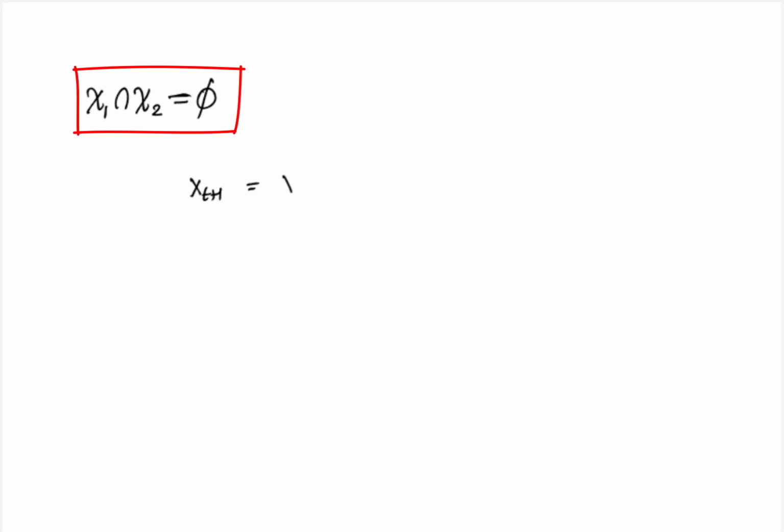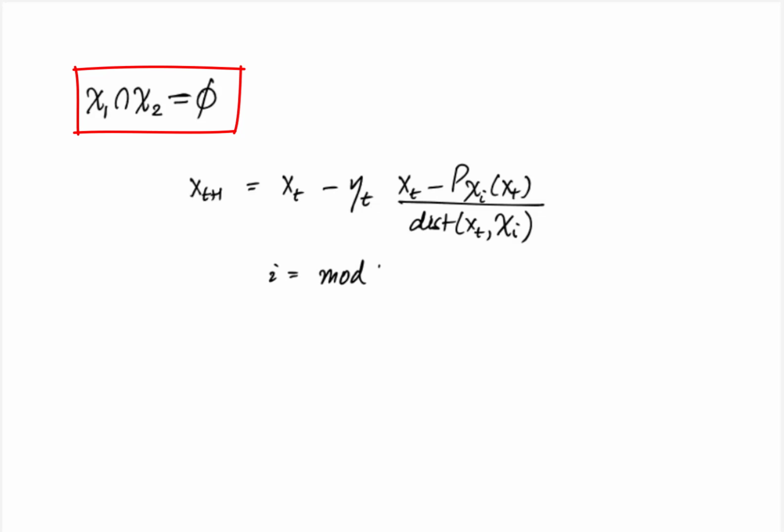So in this case, we have non-intersecting sets and we have the general form of the updates given by xt plus 1 equal to xt minus eta t times xt minus P_xi of xt divided by the distance of xt from calligraphic xi. So as before, we have that i is equal to t mod 2. Since f of x star is non-zero and in fact unknown, we cannot use the Polyak step size.